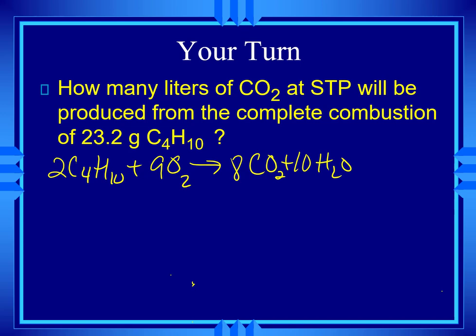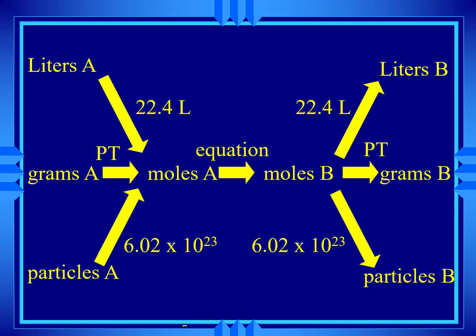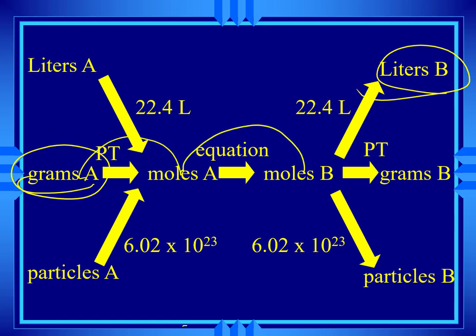Okay, now look at our pathway. They gave us grams, they want liters. So according to my chart, they gave us grams. They want liters of something else. So I'm going to take those grams, change it to moles, moles to moles, and I'll be able to go to liters.